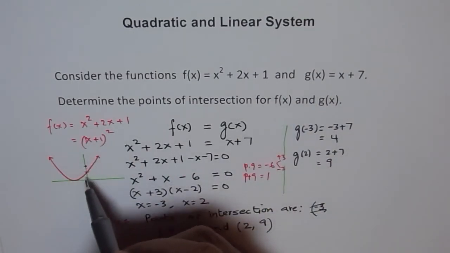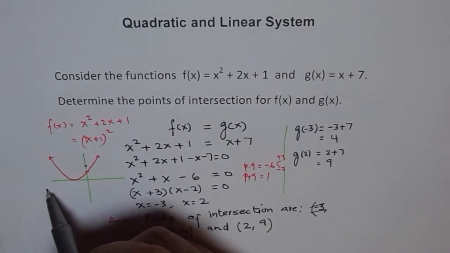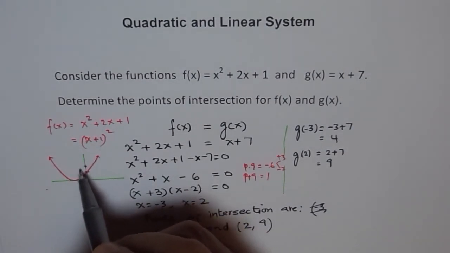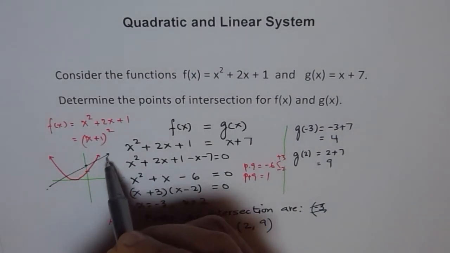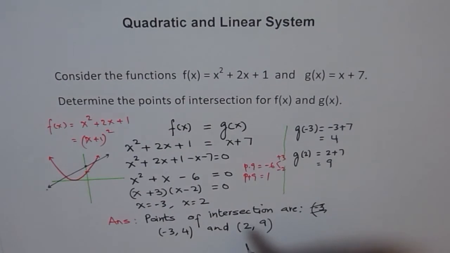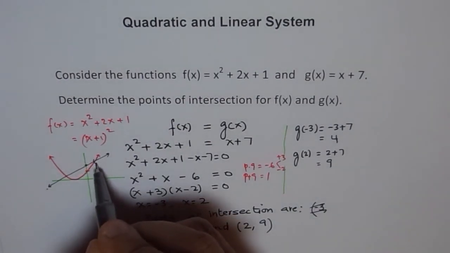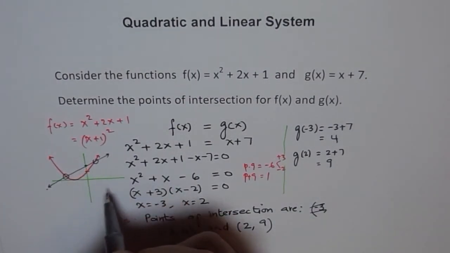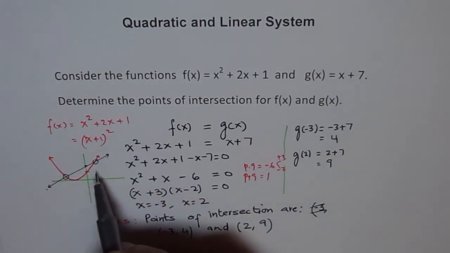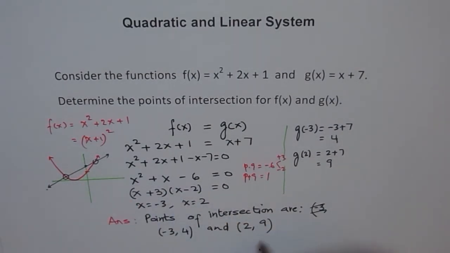So what we hope is, let me draw another line which really intersects, right? And let's say this is my line which intersects. It's not true to scale, but what I'm trying to show is that the line intersects at 2 points. So if you had done it on a graph, you could also have got a very accurate answer for this particular question, because our points of intersection are whole numbers, right?